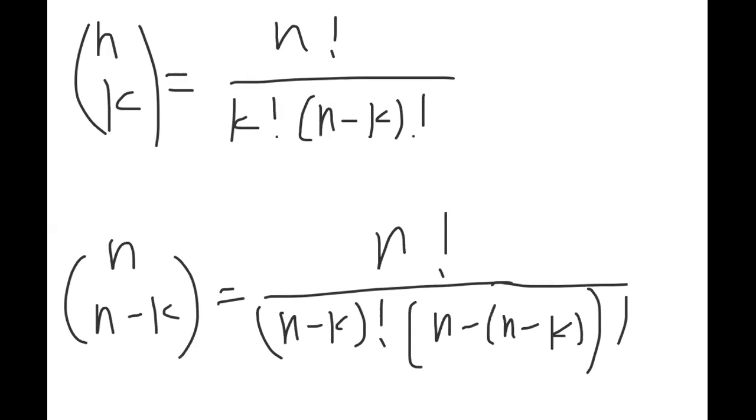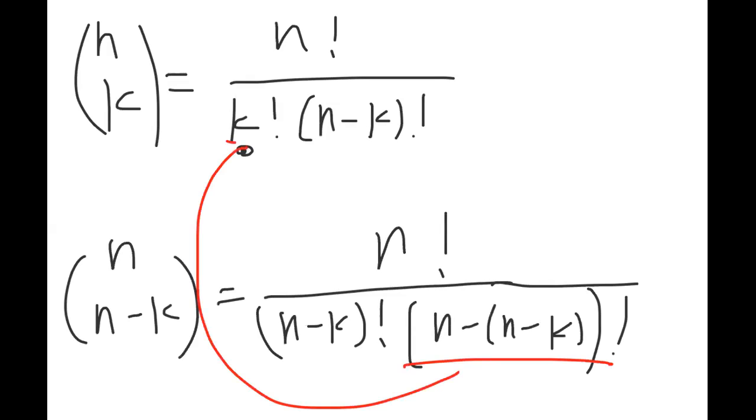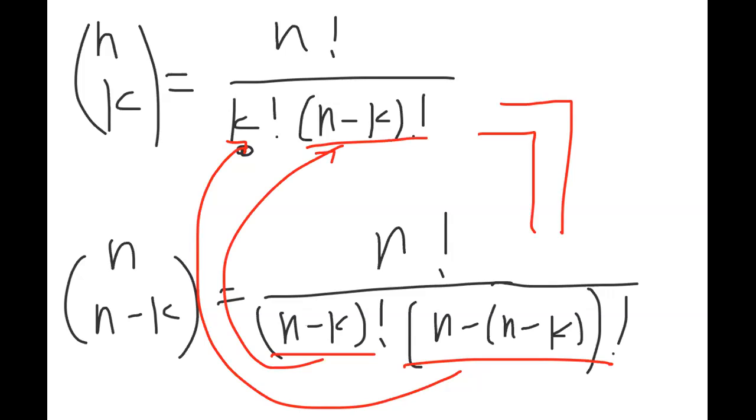That is the formula. But n minus (n minus k) is k, which is right here. So this is equal to this. So these two are actually equal. Okay.